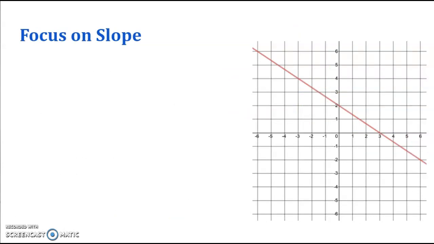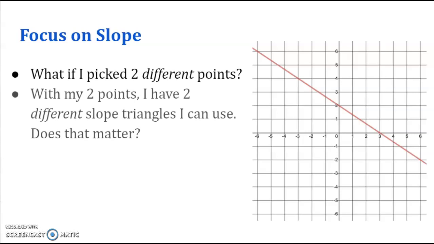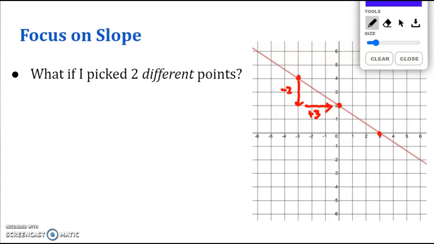Alright, then let's focus on slope. There are many different ways of drawing slope triangles. What if I picked 2 different points? On the previous slide, I picked this point and this point. What if I picked this point here and this point here? Well, if I pick that, then my slope triangle will still be going down, so it will be negative 4 here, and then to the right by positive 6.